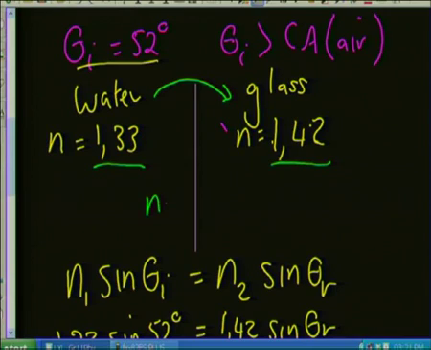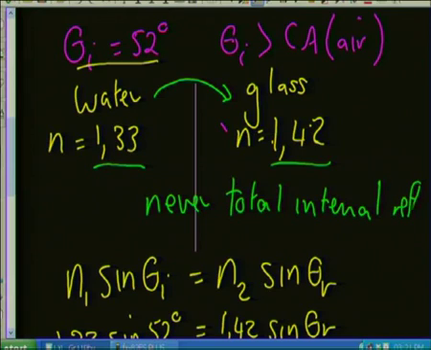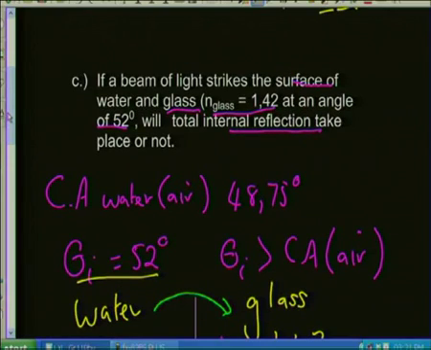You're never going to get total internal reflection. What's going to happen is, because you're going from a low refractive index to a high refractive index, the light is slowing down, so it's bending towards the normal. So we could have answered that very simply and said, no, we're going from a low refractive index to a high refractive index, no internal reflection.